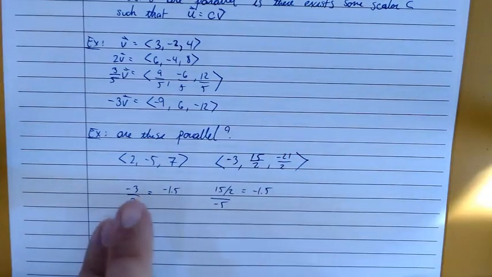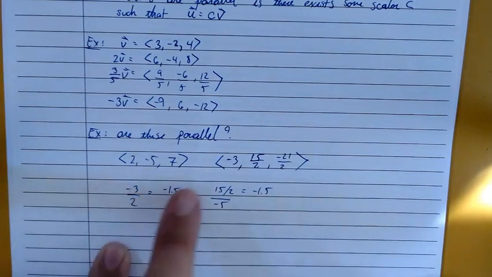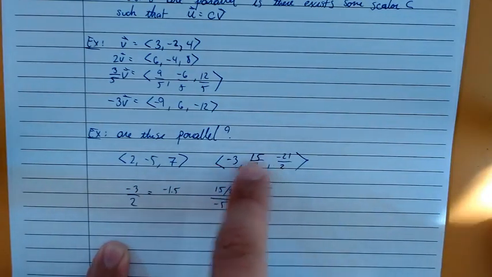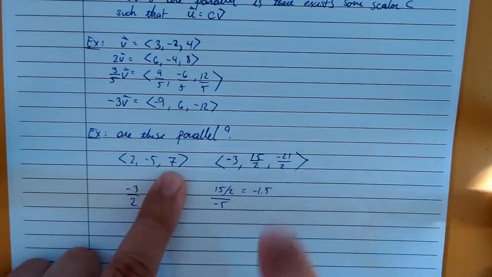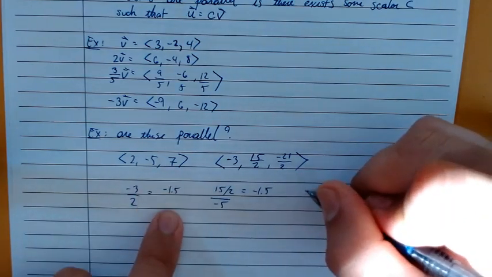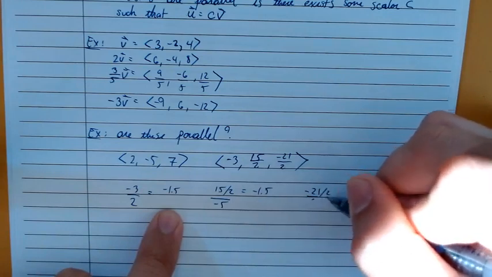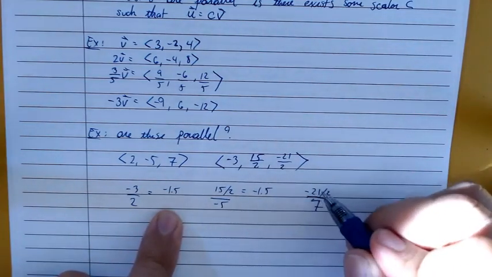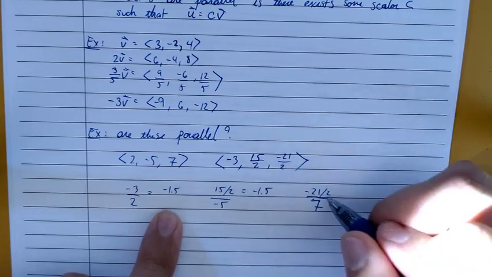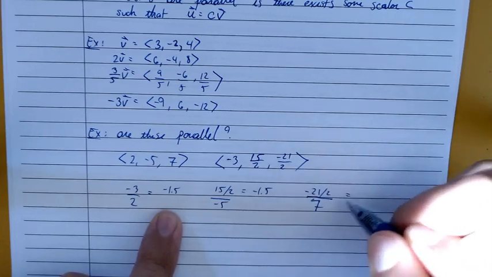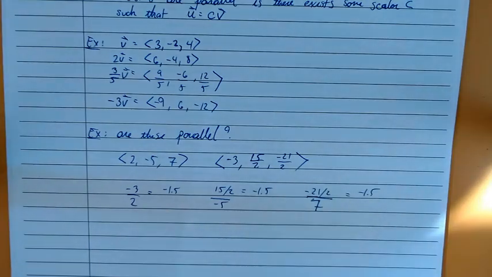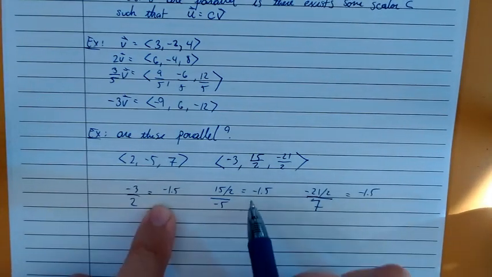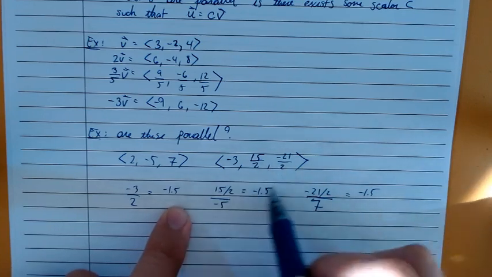So it looks like if I multiply this by negative 1.5, I get that one. If I multiply this by negative 1.5, I get that one. Now, that's got to work for all three of them. If I take negative 21 halves and divide the whole thing by 7, negative over a positive is a negative. 21 divided by 7 is 3 halves. Negative 3 halves, negative 1.5. Yeah, that's fine. So it looks like here, if I take all of these and multiply them by the same number, negative 1.5, I get this one.